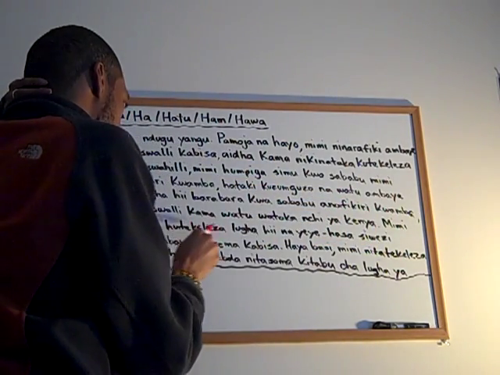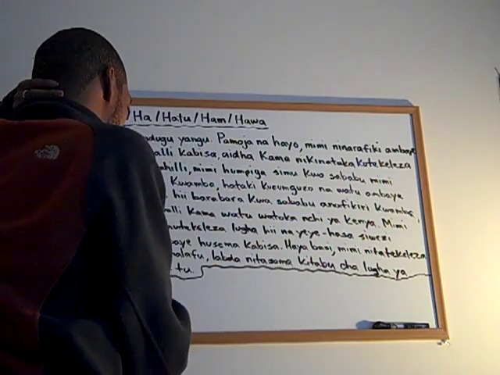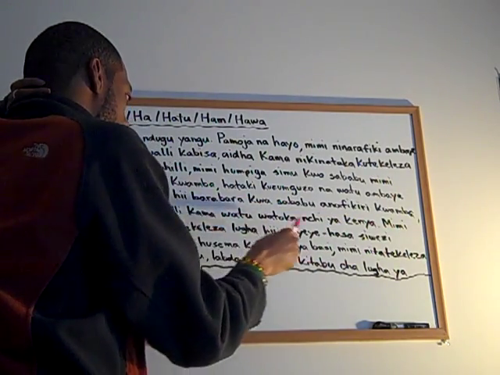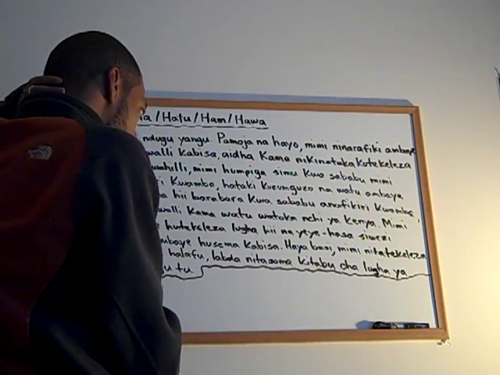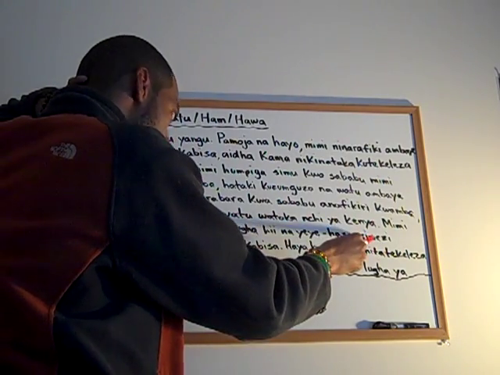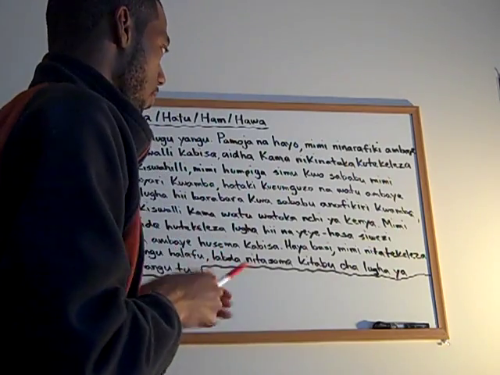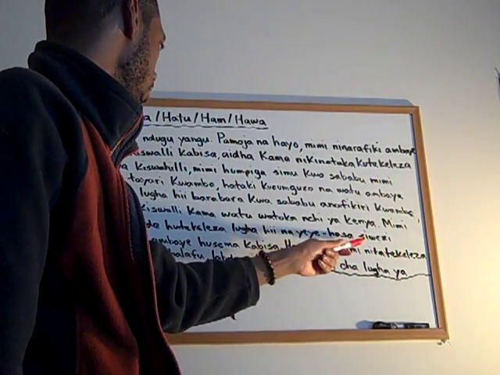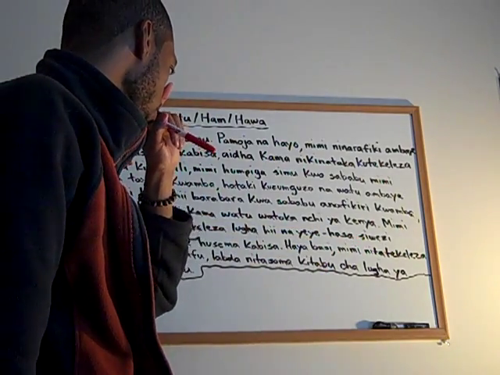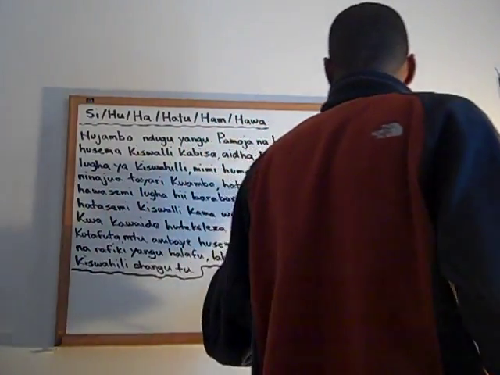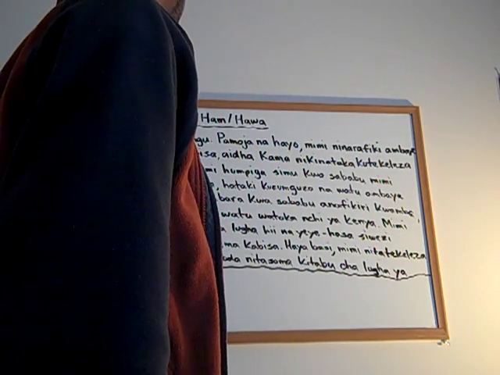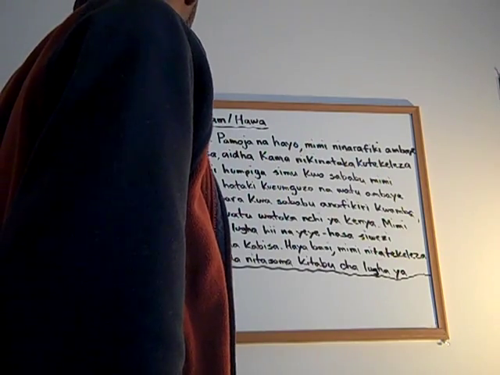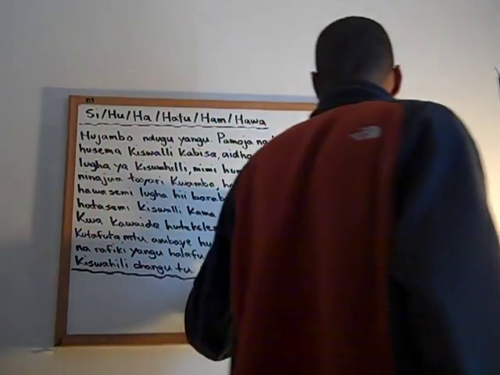Mimi kwa kawaida hutekeleza lugha hii. So mimi kwa kawaida, I normally or usually practice this language na yeye, with him. Hasa, especially, siwezi, okay, I'm missing something here. Yeah, I should put a comma here.